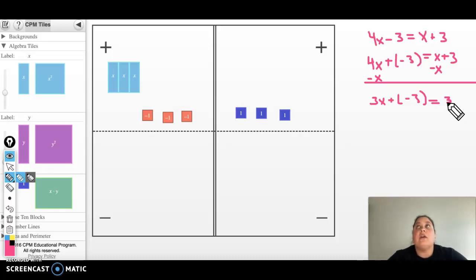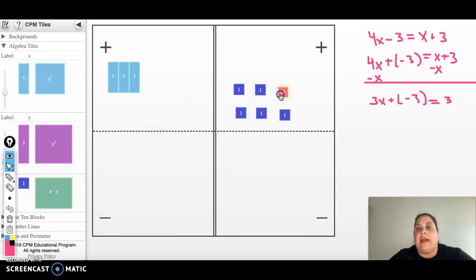Perfect. Now remember, our next legal move is we want all of the variables or letters on one side and all of the numbers on the other. So I want to take these 3 numbers and I want to move them to this side. Remember, just like whenever I moved it from down here up here, whenever I move it from one side to the other, I have to flip the sign.